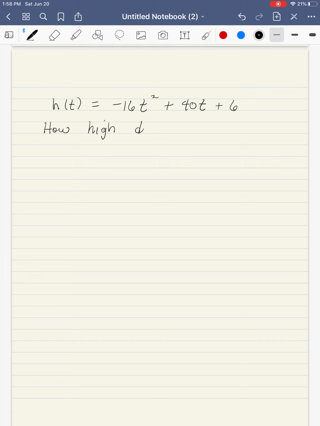So I want to know how high does the rock get, and how long does it take to get there?